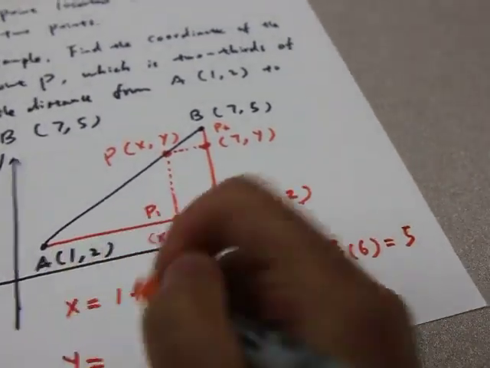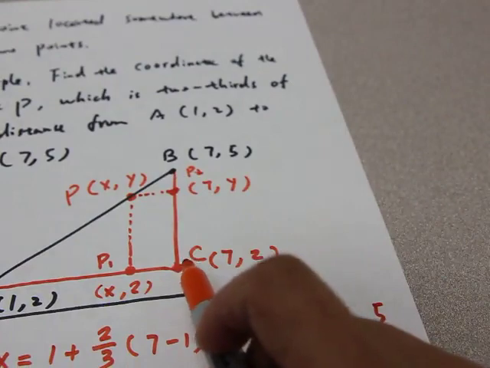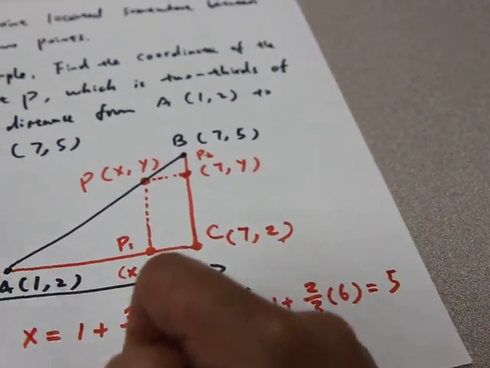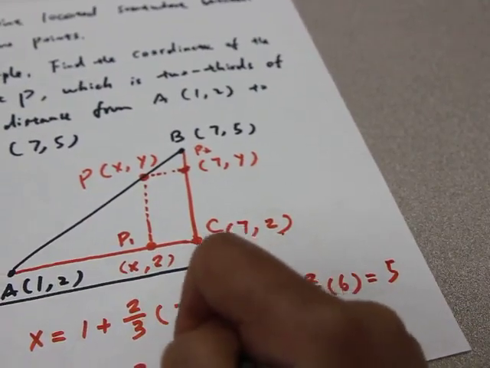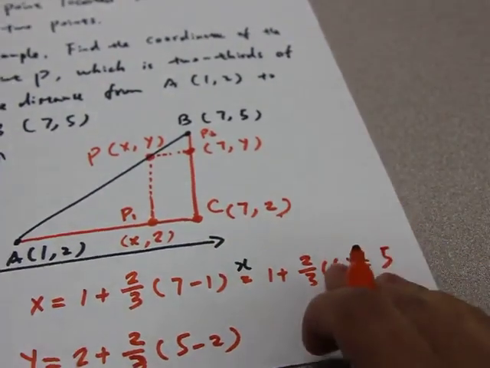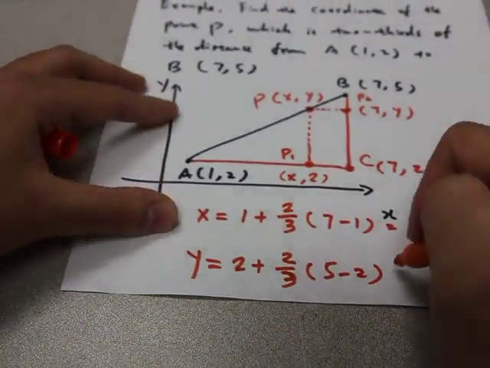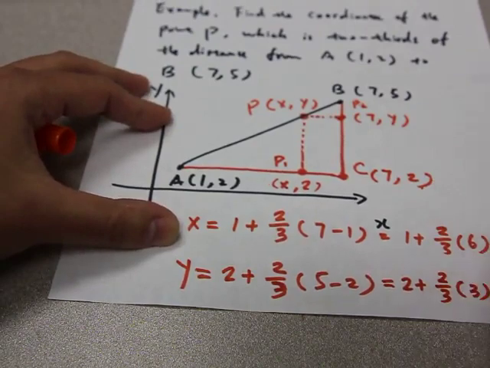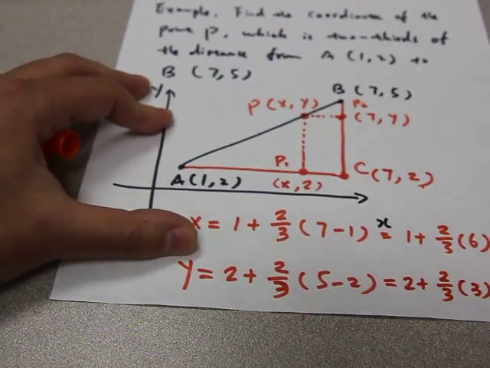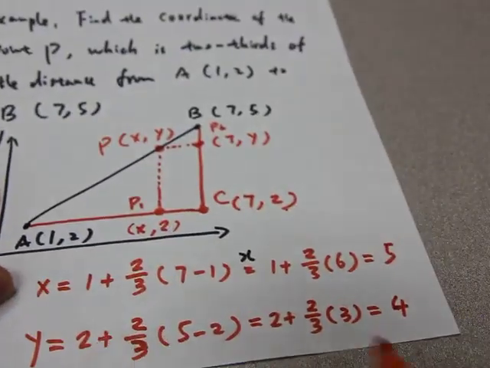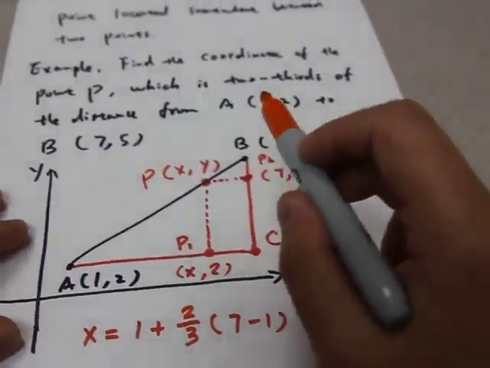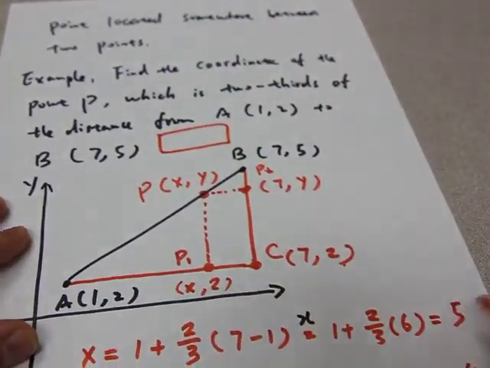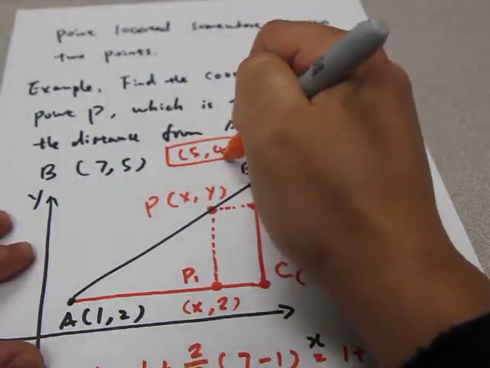Okay, and the y is located 2/3 from 2 to 5. So that's 4. It's 4. So therefore, the coordinate of the point P is 5, 4.